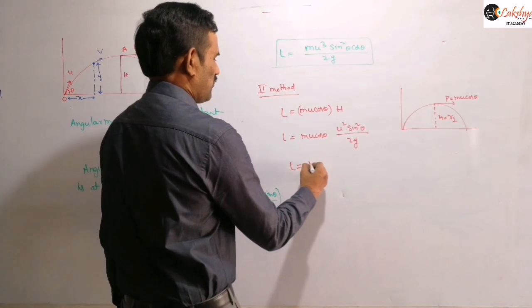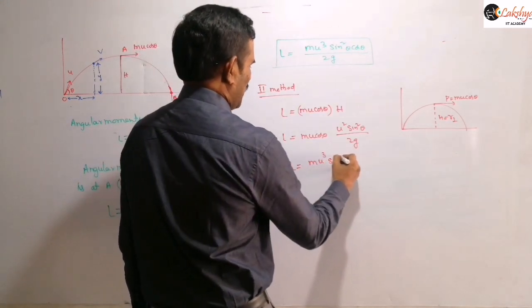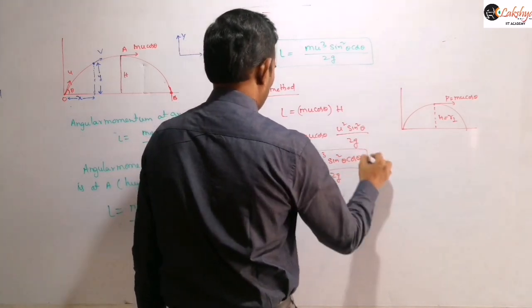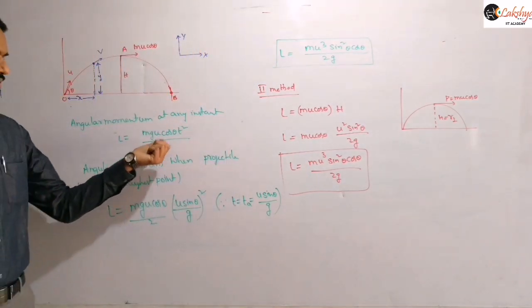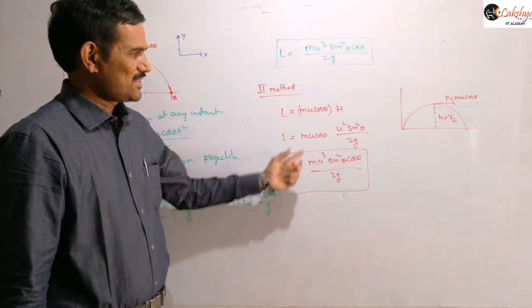Therefore if I simplify this, it is mu cube into sin square theta into cos theta by 2g. Now we can observe that by the cross product method we are getting the same answer as with this method also.